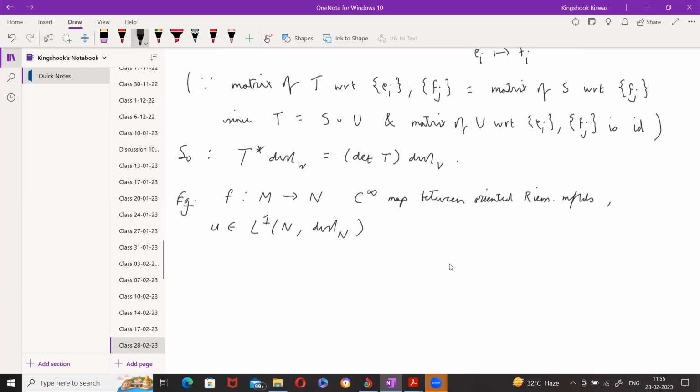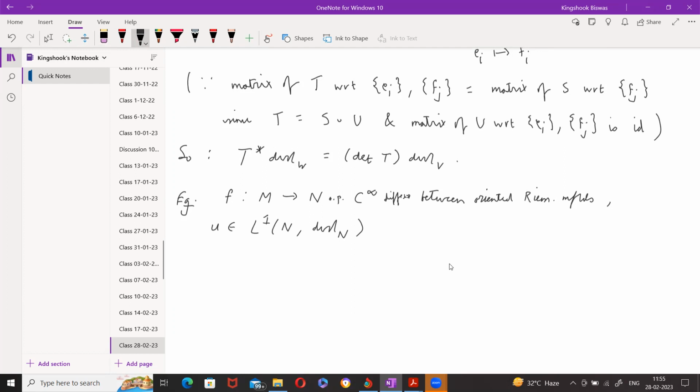So if I take an L1 function for this volume measure, suppose F is a C infinity diffeomorphism, and suppose it's an orientation preserving C infinity diffeomorphism.